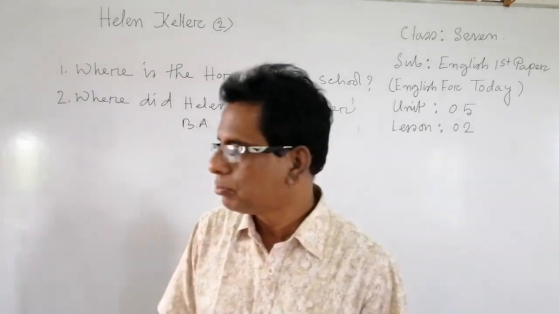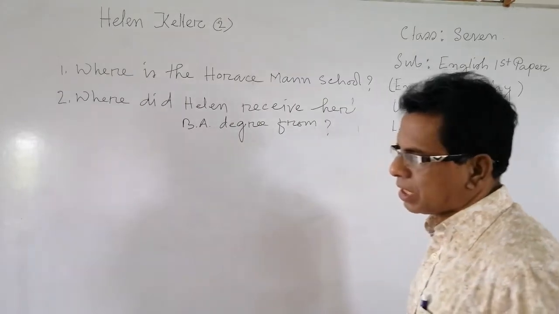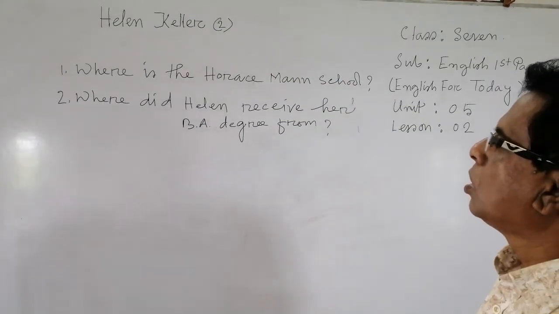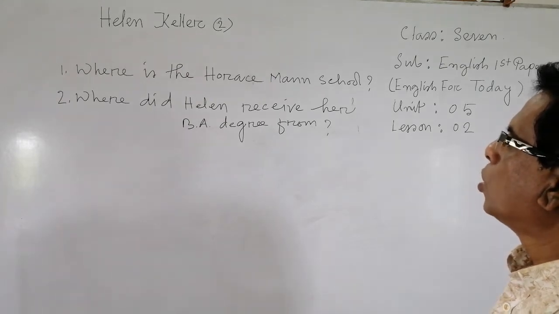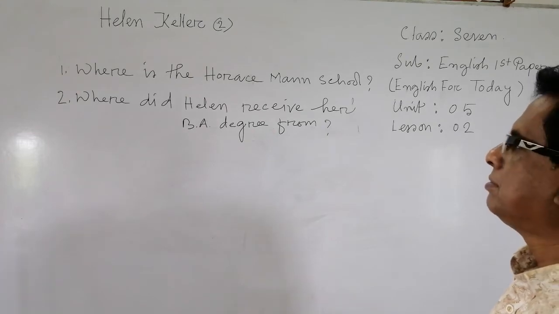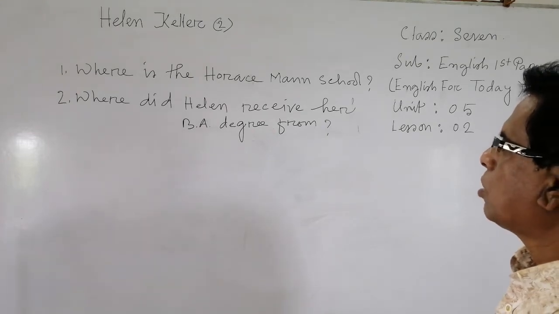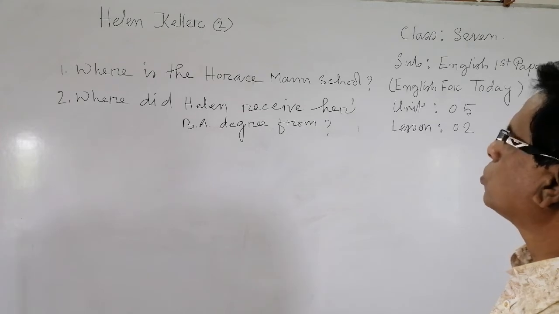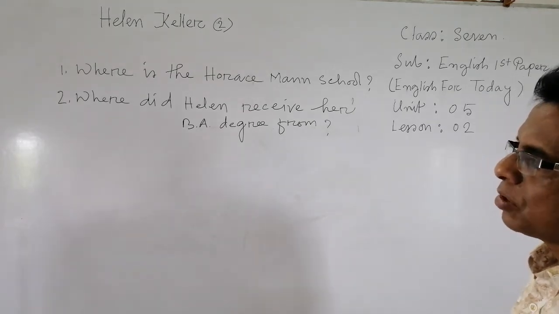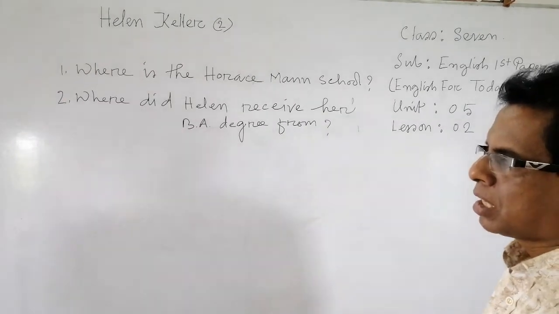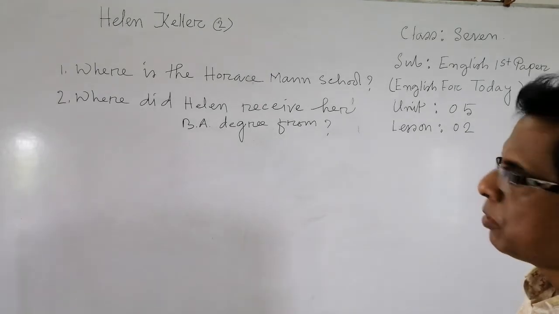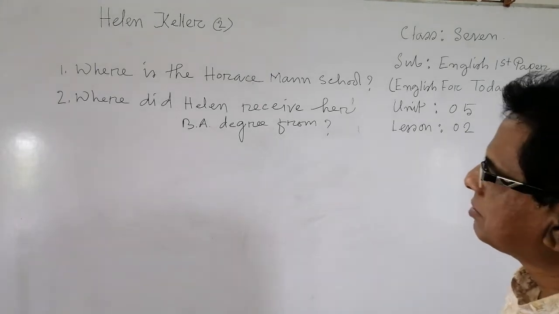Dear students, now I gave you two questions. Where is the Horace Mann School? We can say the Horace Mann School is in Boston. Now, I think you know where Boston is? Boston is in America.